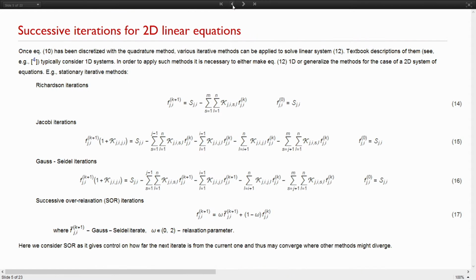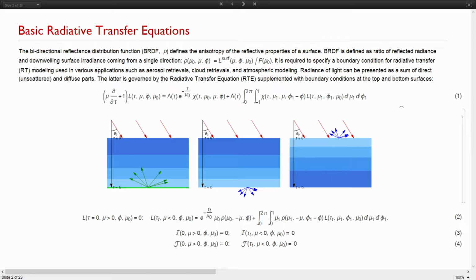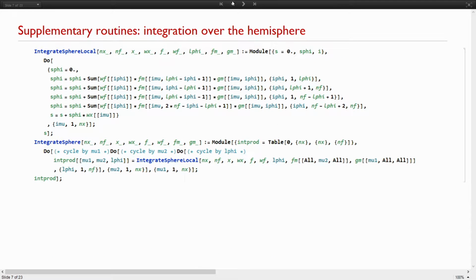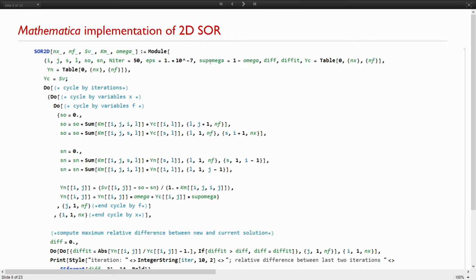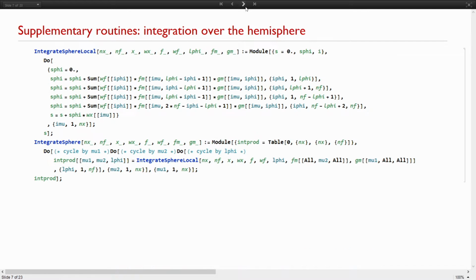Let me go back a little bit. I need to initialize the system to show how it works. So I will need some other routines, auxiliary routines to perform actual computations here.